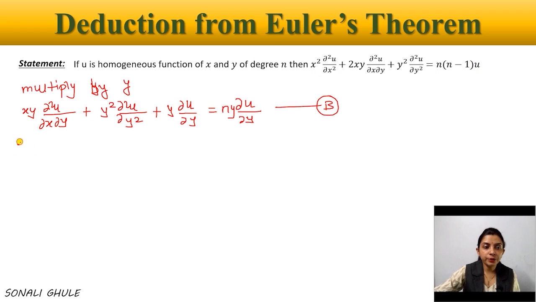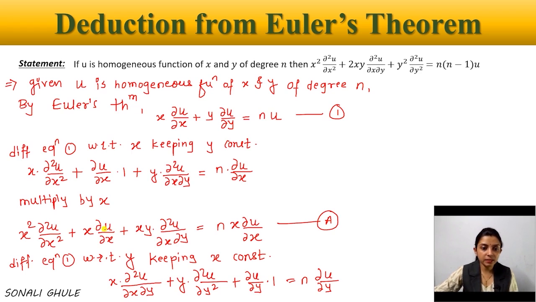So now what we are going to do? We are simply going to add equation A with equation B. See here, this is our equation A and this is the left hand side of equation A. First of all I am going to write the left hand side here.